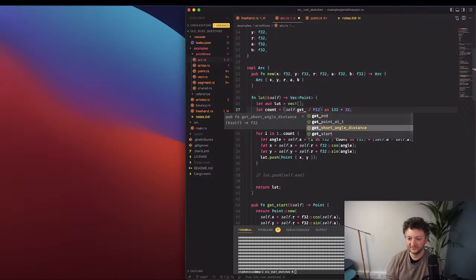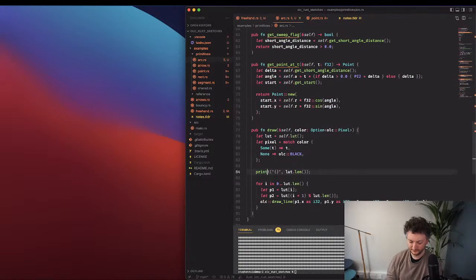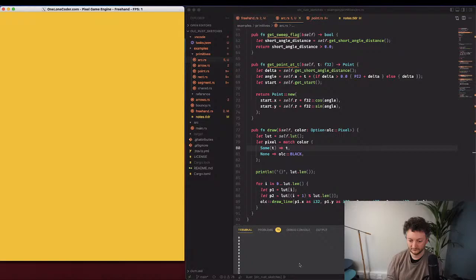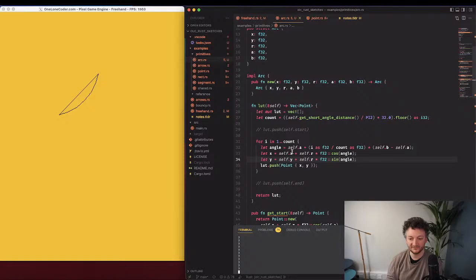So if that get short angle distance divided by pi 2, or squared. So let me try this. Still 0. Okay, hey, look, we got 7 points. That's not bad. Starting at, right, it's starting at 0.